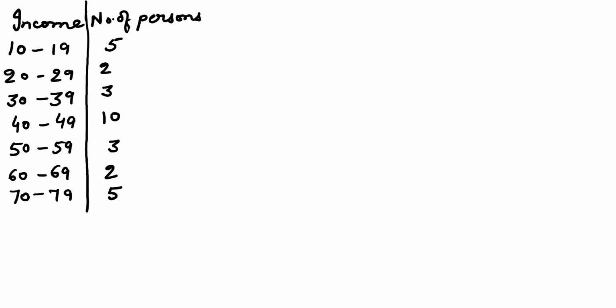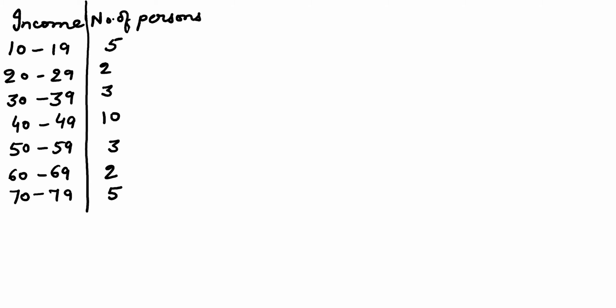You can clearly see that this is an inclusive series because there is no such case like the upper limit of a class becoming the lower limit of the next class interval. It is not the case. There is a gap of 1 between the upper limit of a class interval and the lower limit of the next class interval.